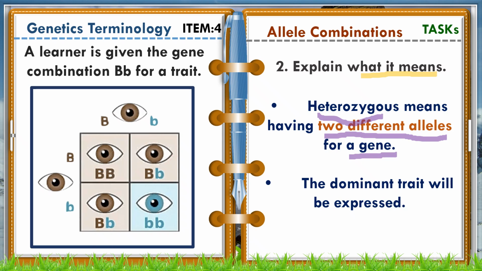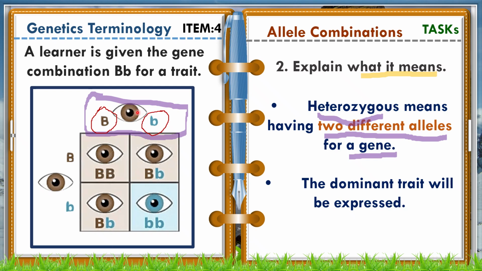For example, if you consider this parent here, he has two alleles, and those alleles are controlling a character of eye color. This is an allele or a gene controlling eye color. And this one is also another allele controlling eye color.